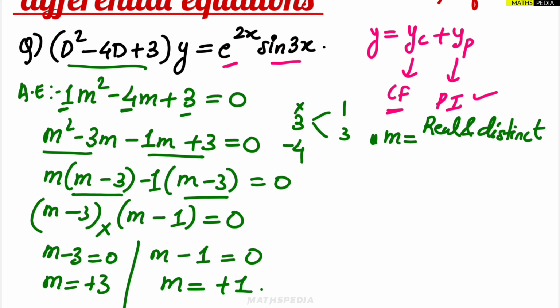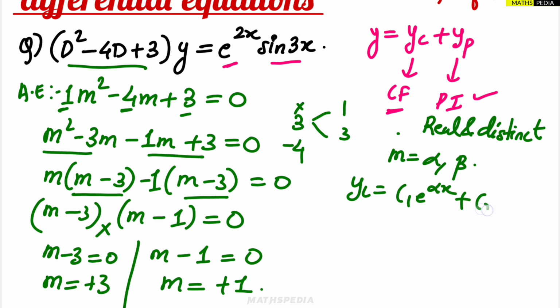Whenever real and distinct roots are there, you can write m value as alpha and beta, two different roots. So yc can be written as c1 e power alpha x plus c2 e power beta x.